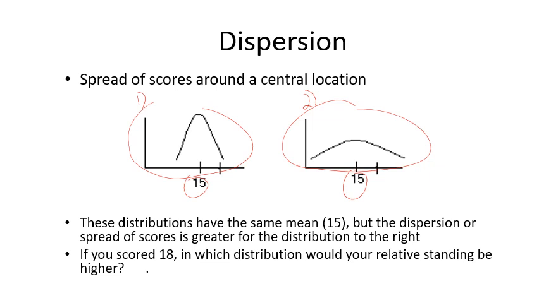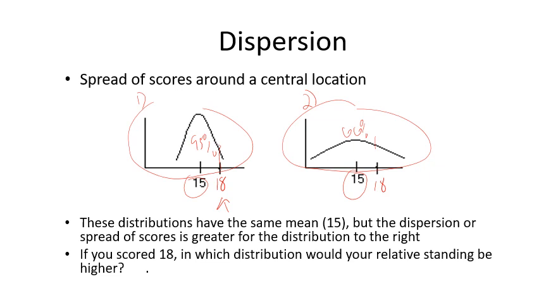And a good way to look at this is if you scored an 18 on each of these, in which distribution would your relative standing be higher? Well, in this one, it looks like you're ahead of about 66%. In this one, it looks like you're ahead of about 95%. So the answer is in distribution 1, your relative standing is higher with a score of 18.